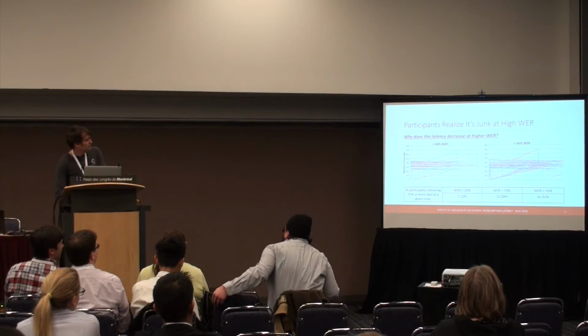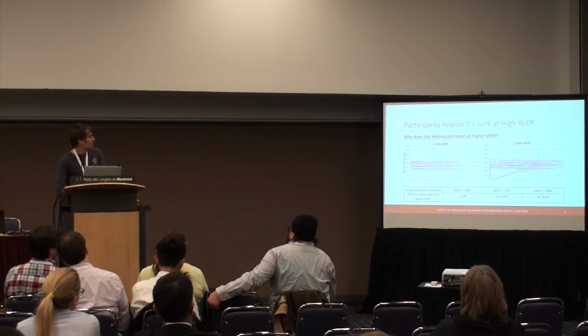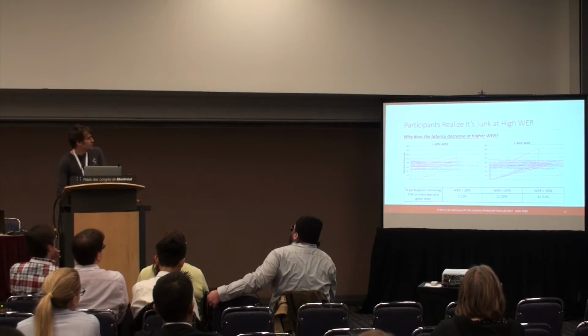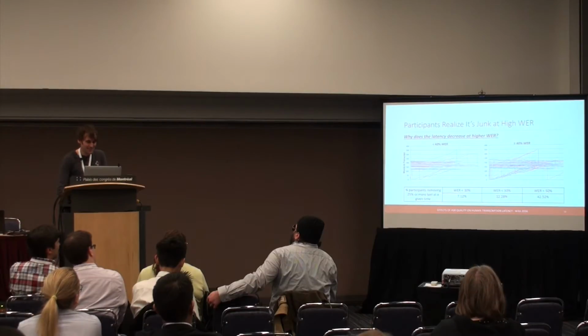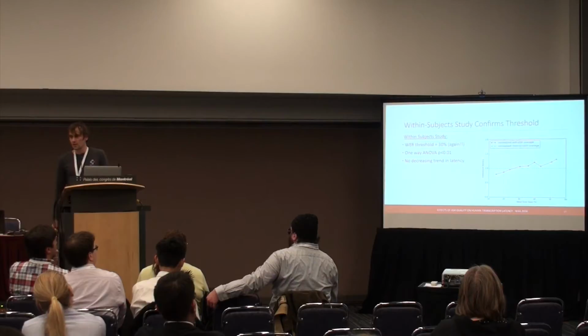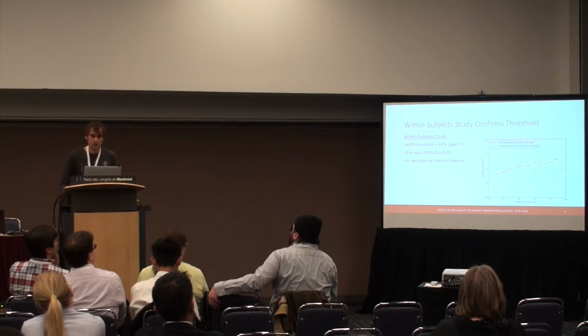You can see when the word error rate is pretty low, it just grows, whereas when it's pretty high, you get all these people jumping down to 0 and then building back up from 0. That was kind of interesting, right? This is an interesting interaction between the quality of the speech recognition output and what people do.